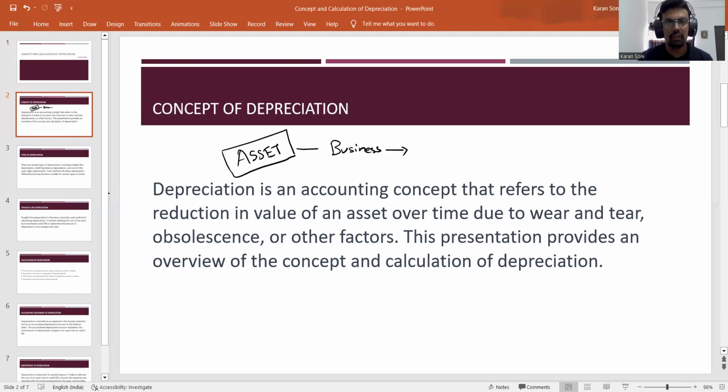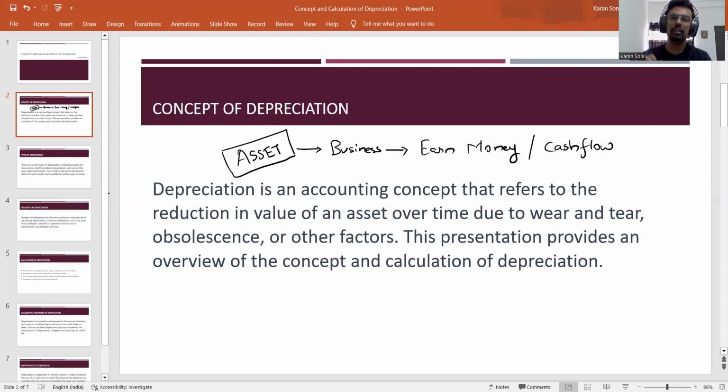I don't have to go into too much detail, which is used by a business to earn money or to generate a cash flow, right? For example, a transport company uses trucks for transporting goods for their customers, right? So that truck is an asset for the transport company. Okay. Now, the concept of depreciation is actually connected to this concept of asset, right?